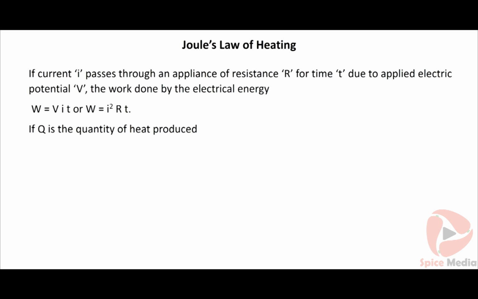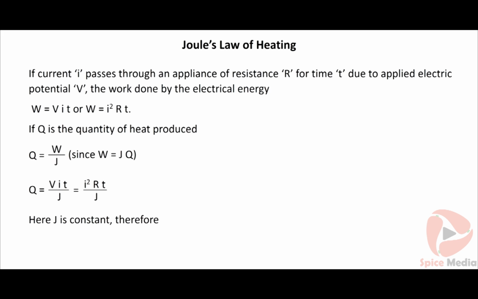If Q is the quantity of heat produced, then Q is equal to W by J, since W is equal to JQ. Q is equal to VIt by J, which is equal to I squared Rt by J. Here, J is constant. Therefore, Q is directly proportional to I squared Rt. This is known as Joule's law of heating.